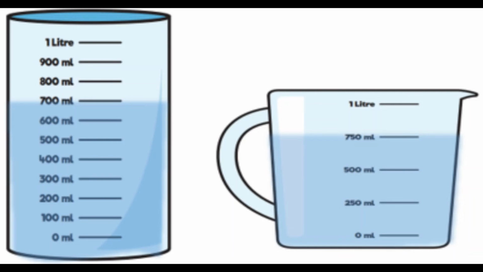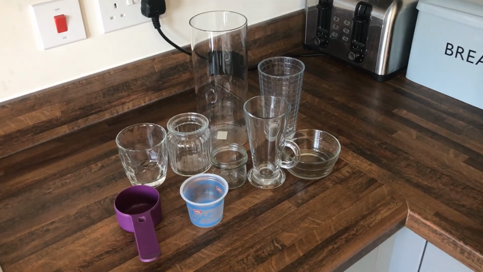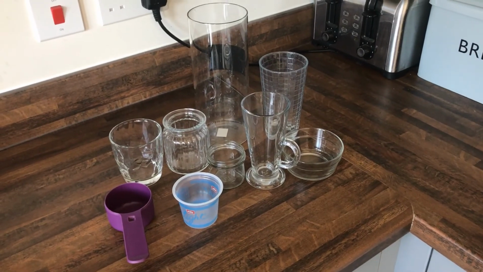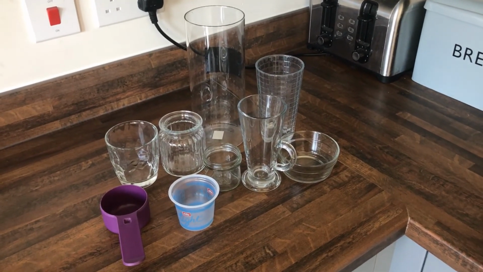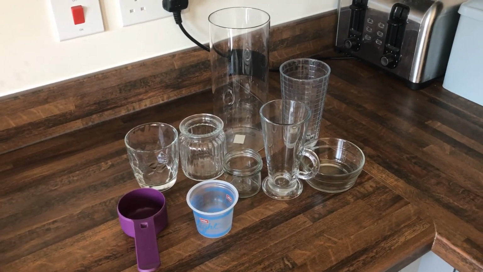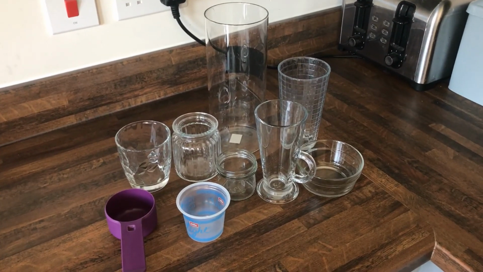Now, I'm going to explain what your little challenge is now. So this challenge is based on Evie's problem and what she was thinking about how the liquid was coming up higher in the first container, so it must have had more liquid in. Now what you need to do as your extra challenge is to find some different containers in your house or in your kitchen.